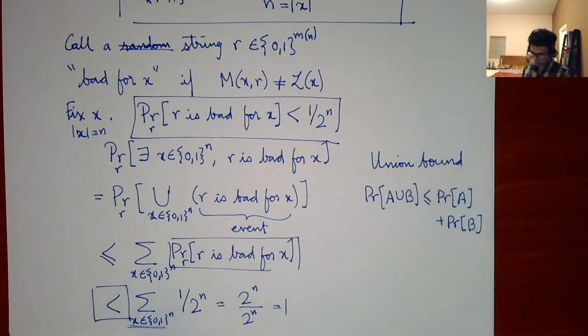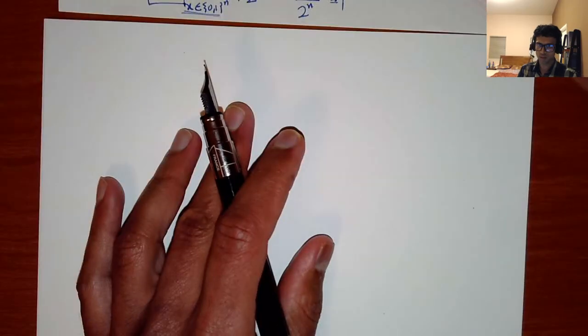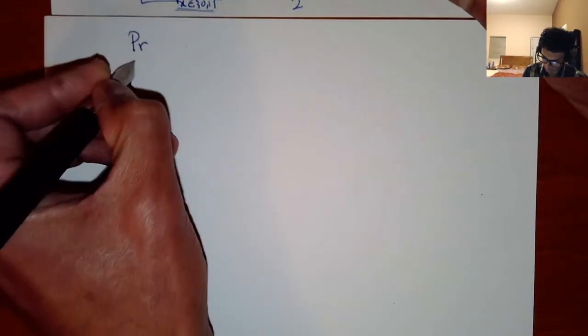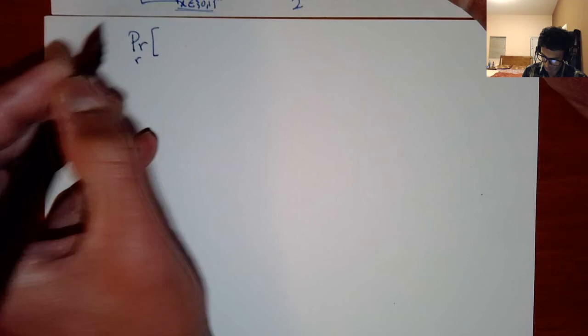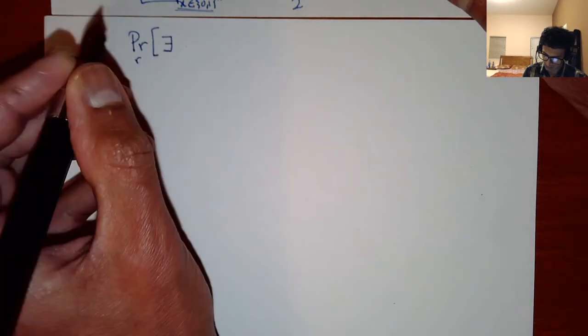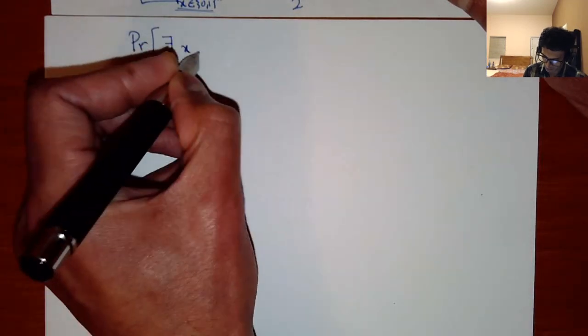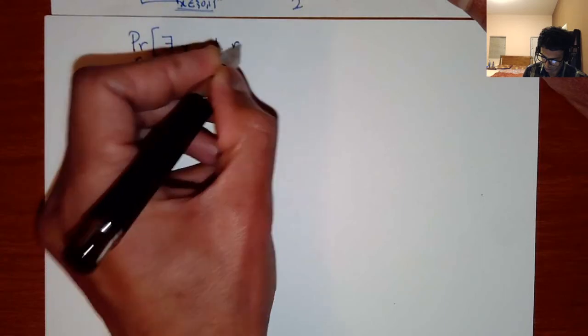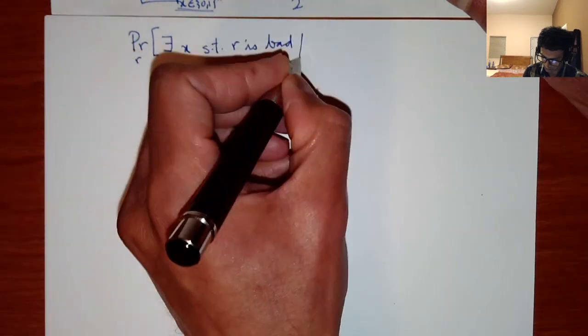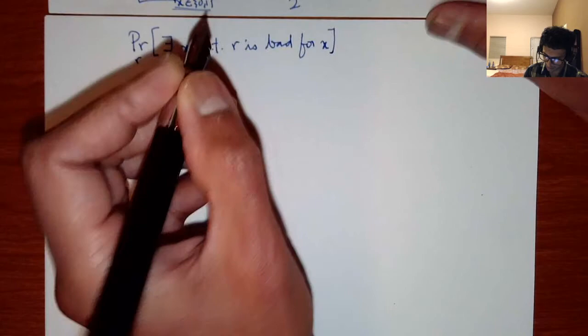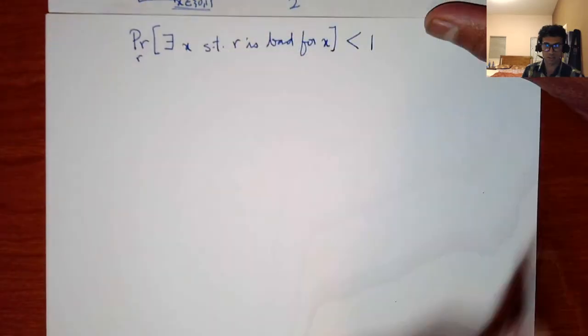I'm going to write this out separately. So what it's saying is the probability over R that there exists an x such that R is bad for x is strictly less than 1.